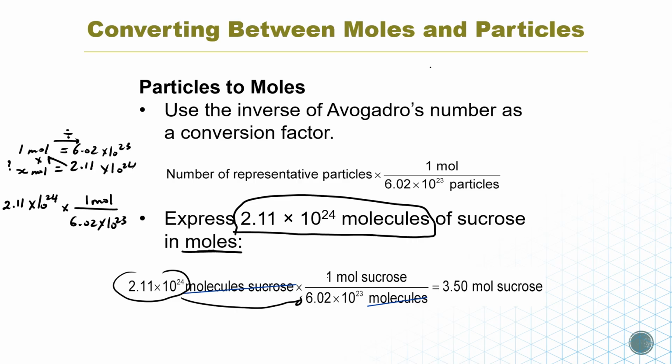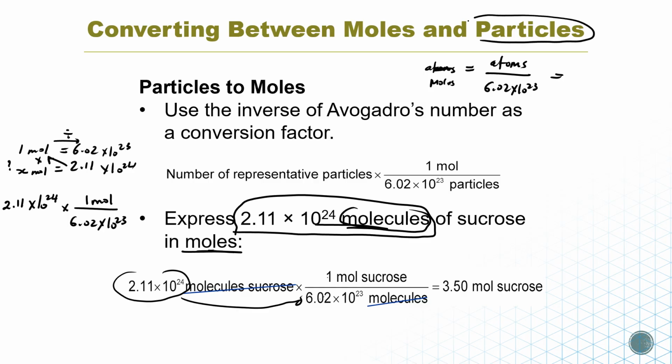Or we use the equation. We said atoms, moles equals atoms over 6.02 times 10 to the power 23. What did they give me here? It doesn't matter whether the word is atoms or molecules, they are all particles depending on the question. If the question gave you molecules we write molecules, if it gave you ions we write ions, if it gave you formula units we write formula units. It doesn't matter, it just depends on the question. So here molecules, because in the question they said molecules.